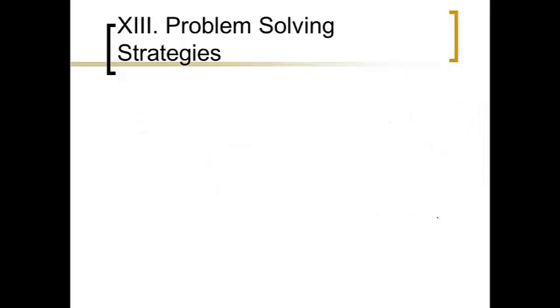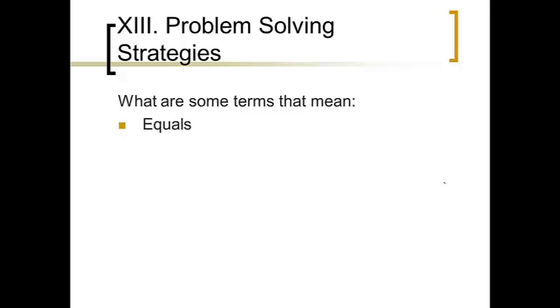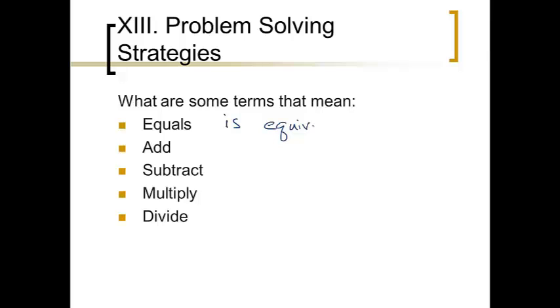Now, a couple things to help you out when you're reading the problems. What are some terms that mean equals, add, subtract, multiply, or divide? Well, equals, one of the terms is "is." 1 foot is 12 inches. That's a term for equals. Obviously, terms like equivalent and other things like that.